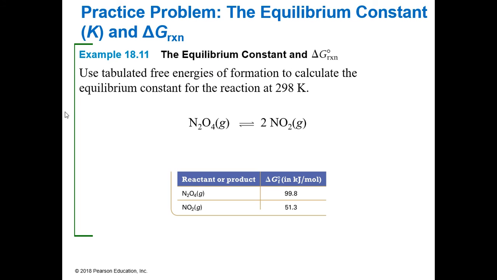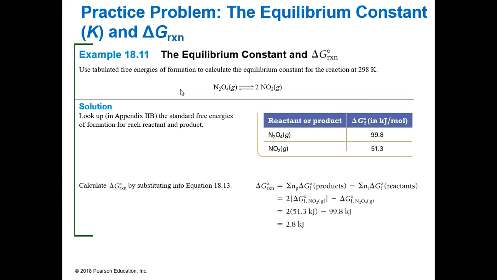It wants us to use the free energies of formation to calculate the equilibrium constant. So how would we calculate the equilibrium constant? Do we have an expression? Well, we could use our delta G naught of the reaction, which is equal to the sum of our products minus our reactants, because that's what they gave us.